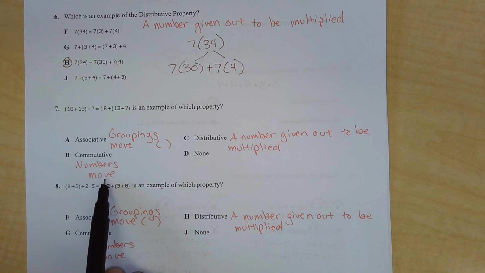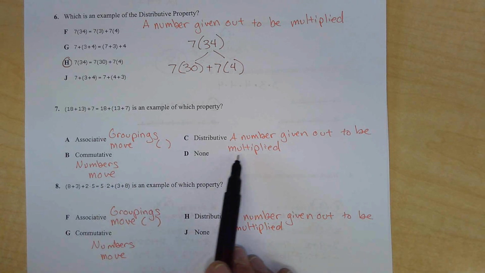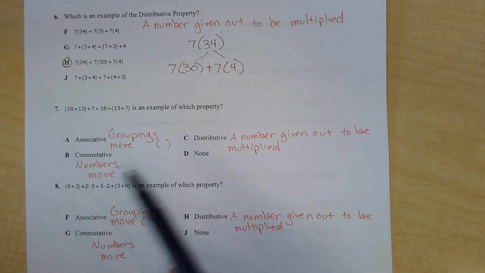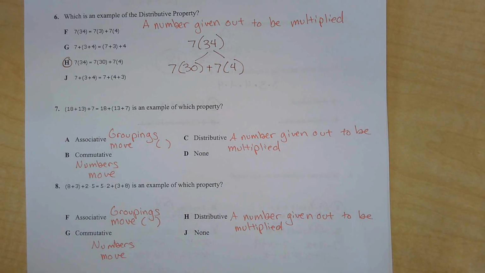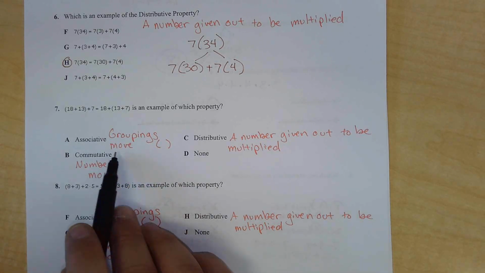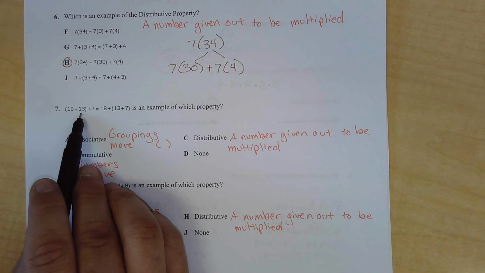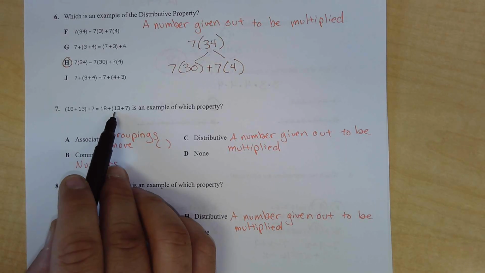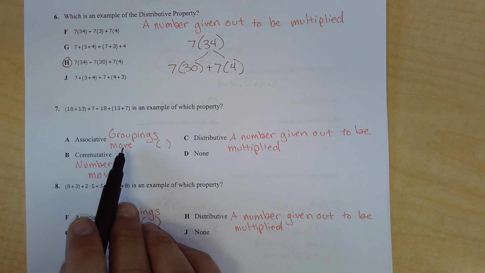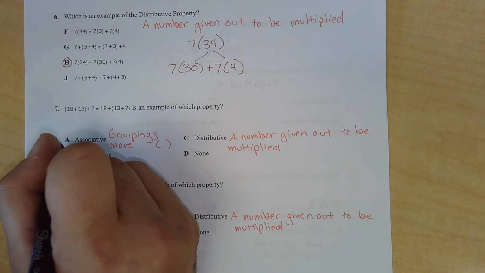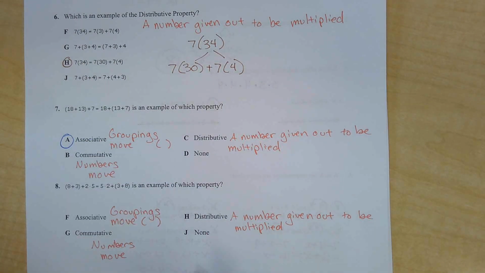So I know my numbers did not move. I'm not distributing anything because nothing's being given out. But what I'm noticing here is my parentheses are around my 18 plus 13. And on this side, my parentheses are around my 13 plus 7. That tells me my groupings moved. So number 7, that's an example of associative property.